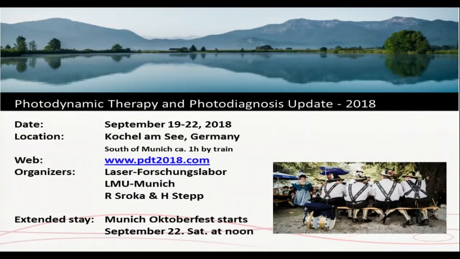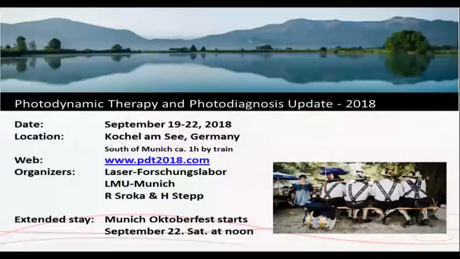Ronald and Herbert, at the end of the session, will give you some nice postcards with all the information about this meeting. It will be in 2018, every other year, in September. We're supposed to have sun, nice food, and good beer. You confirm? Yeah.